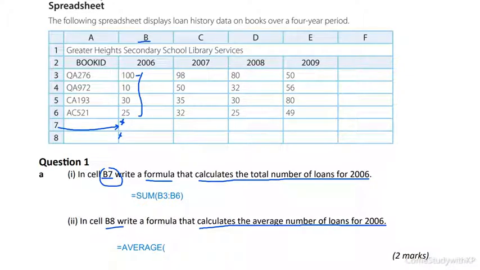Average equals average, and we're going again from B3 to B6, because we're doing it for 2006. So B3 to B6, and that would be the average.